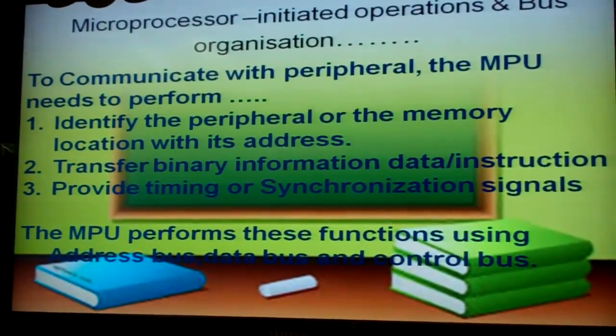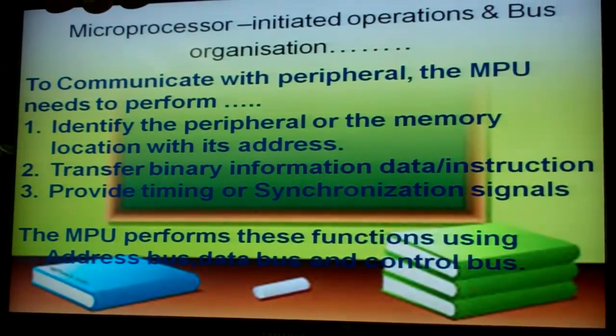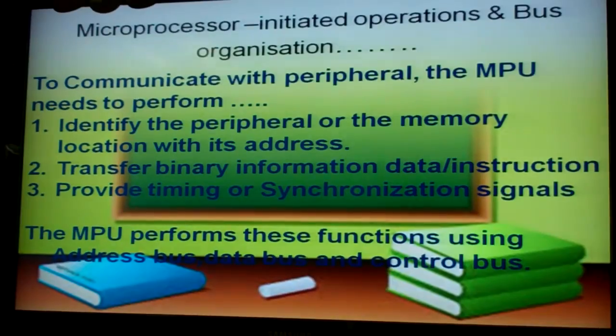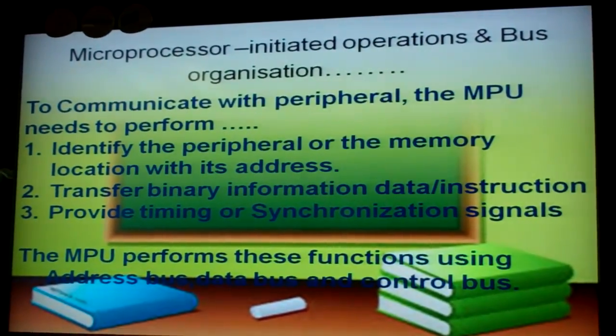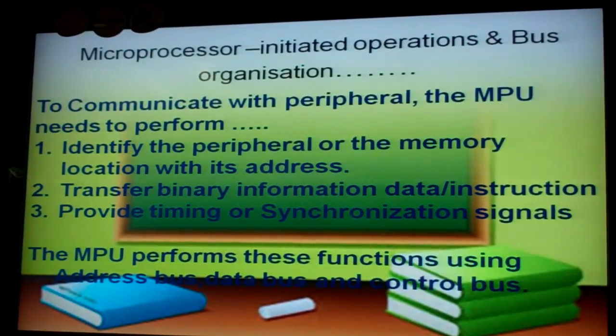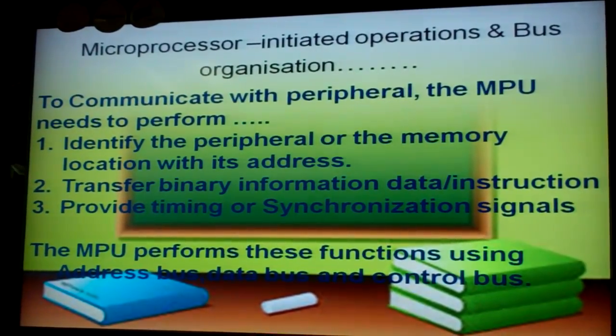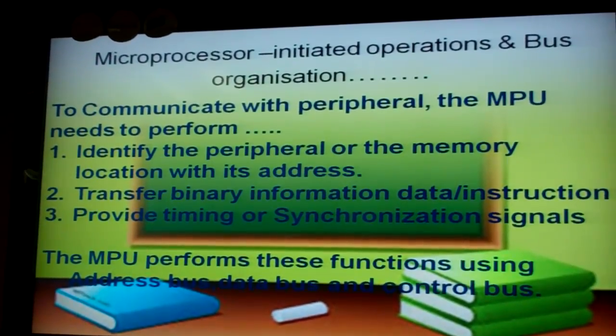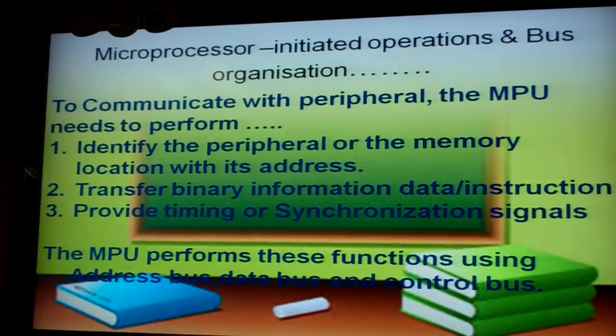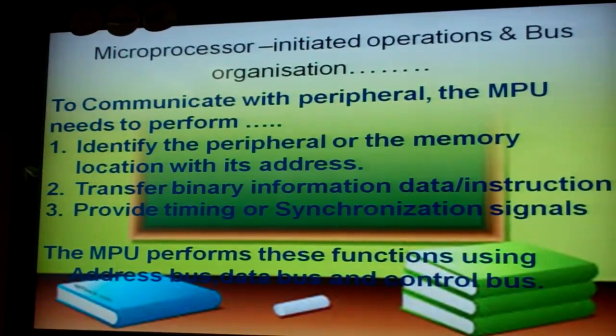Then, some data can be transferred fast, while some can be transferred at a slow pace. What should the processor do? It should provide appropriate timing and synchronization signals between the very fast data and the very slow data. It has to coordinate and synchronize.